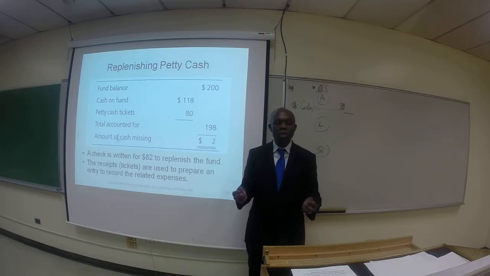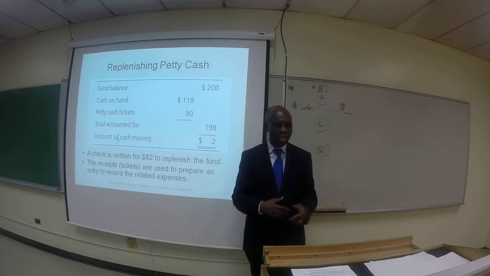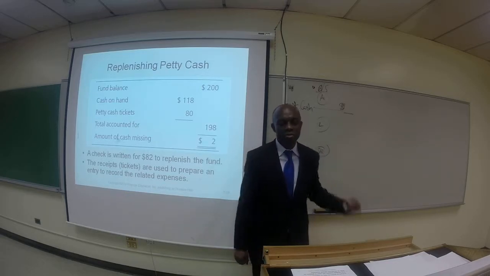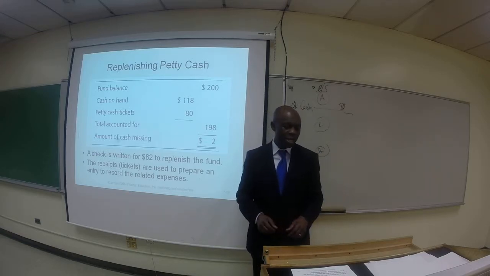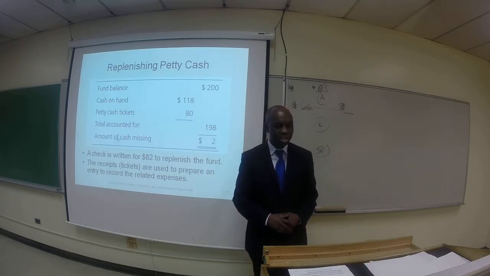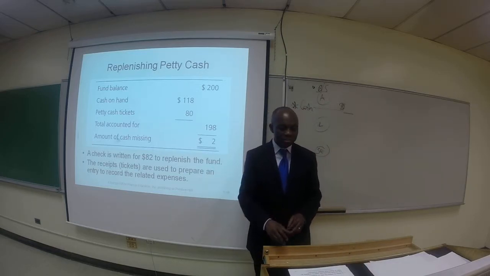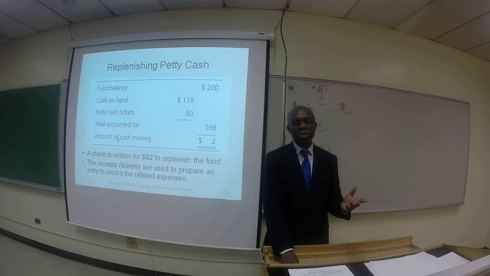So obviously $2 is missing, and that might be due to the fact that the receptionist who is responsible for petty cash did not give out a proper receipt, or somebody stole $2, whatever the case might be. But nevertheless, our desire is for the receptionist to have $200 at the beginning of the following month.